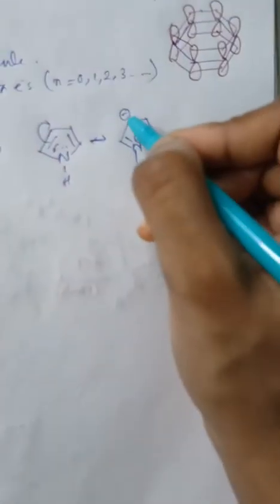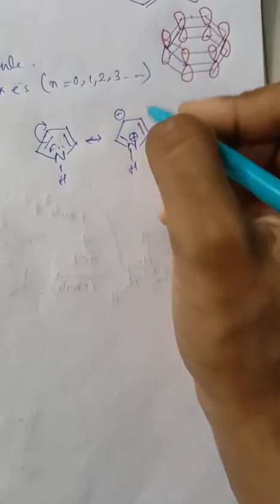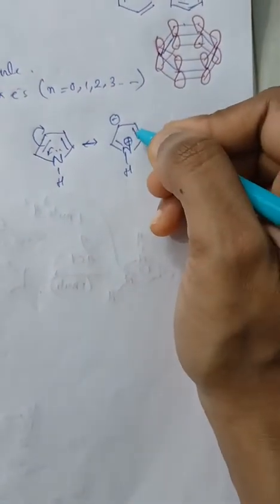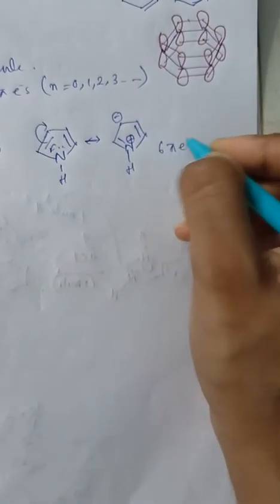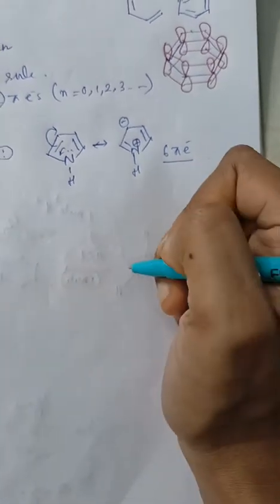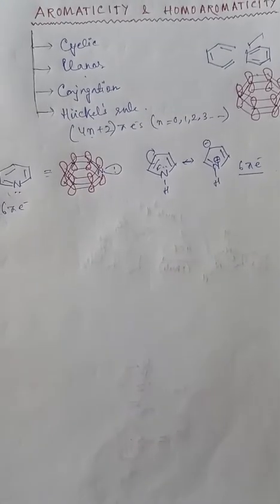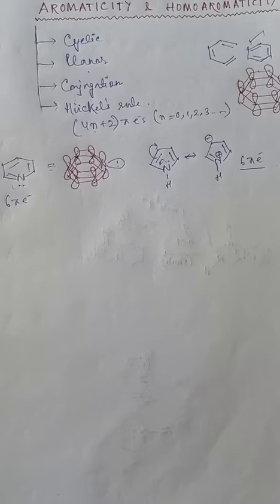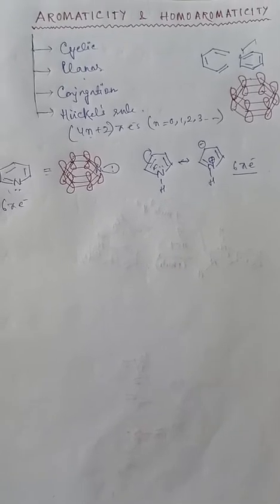So you have to count 2 electrons here, 2 electrons here, 2 electrons here. So overall 6 pi electrons. This is an aromatic compound. So these are some examples of aromatic compounds just to give you a very basic idea. Now let's come to the point of homoaromaticity.